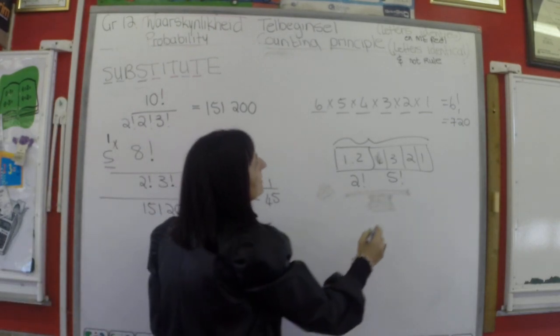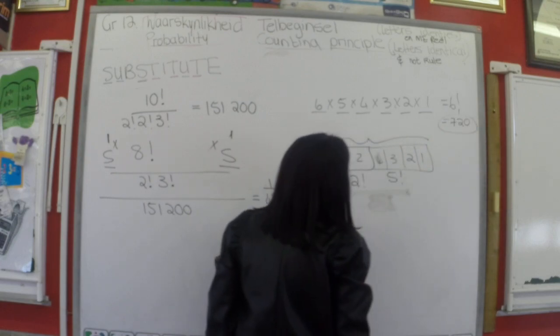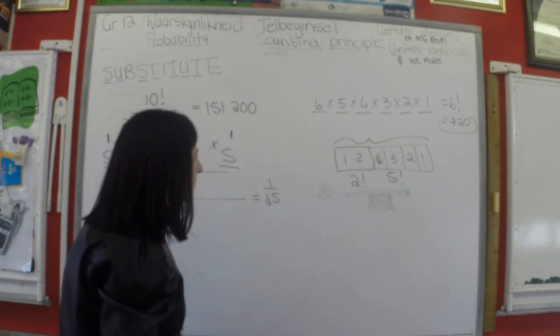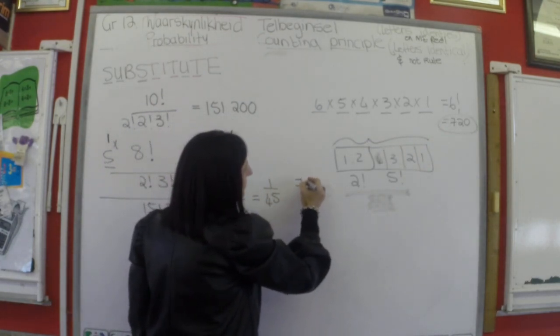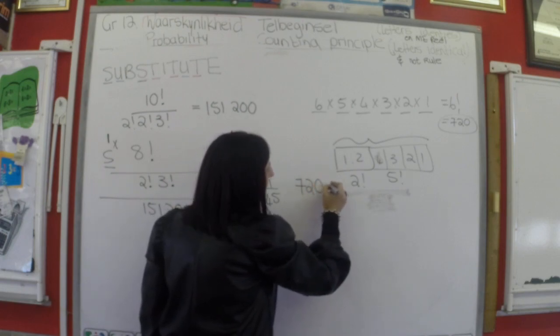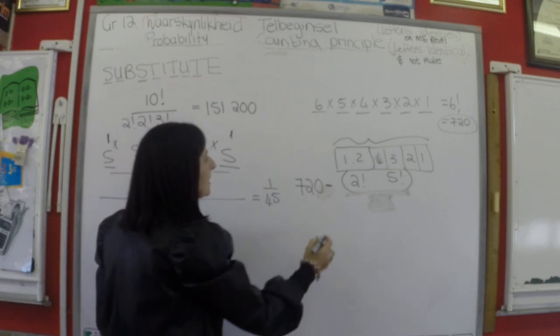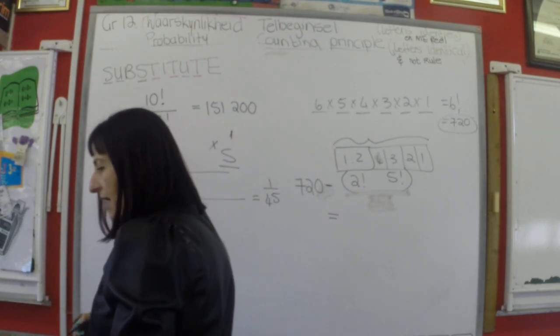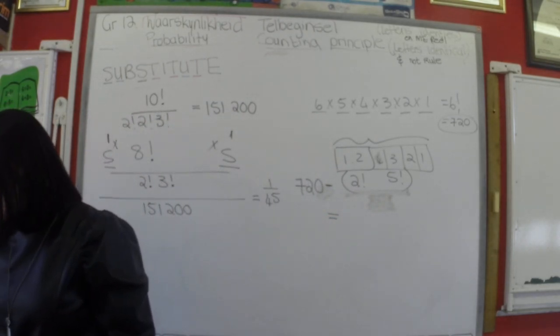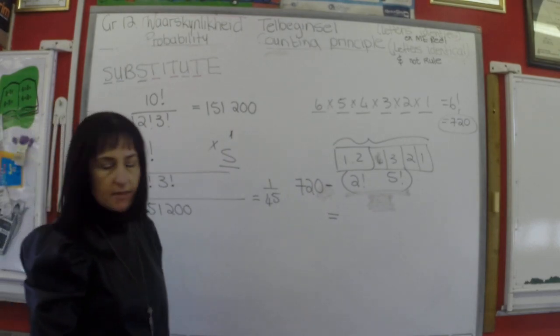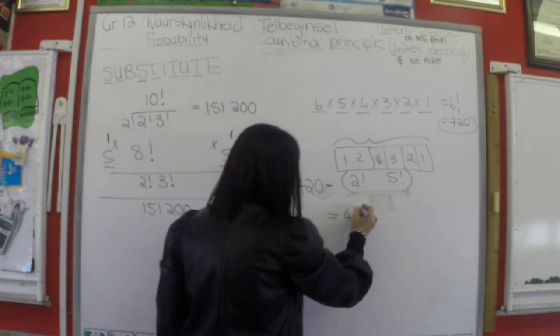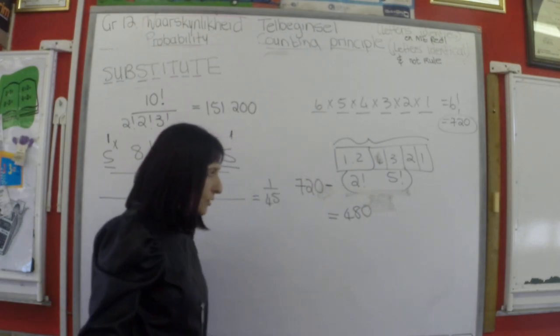So die moontlikhede van, dat hulle kan sit soos hulle wil, is 720. So if I take the total possibilities and I minus this opposite, then it will give me the arrangements if they don't want to sit next to each other. So ek gaan sê dit is dan gelyk aan 480 moontlikhede.